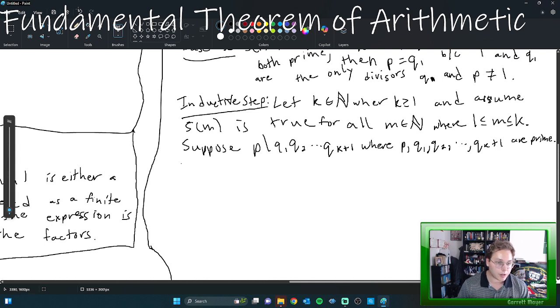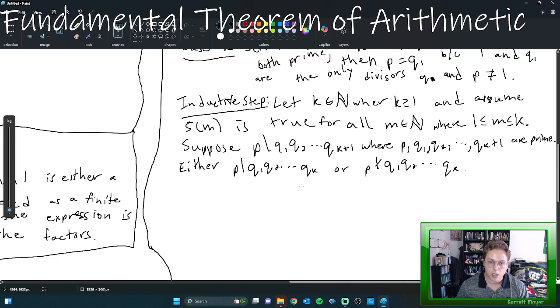So either P divides Q1, Q2, ..., Qk, or it doesn't. So it's saying that either P divides everything except this last k+1, or it doesn't. Or P does not divide Q1, Q2, ..., Qk. It either does or it doesn't.